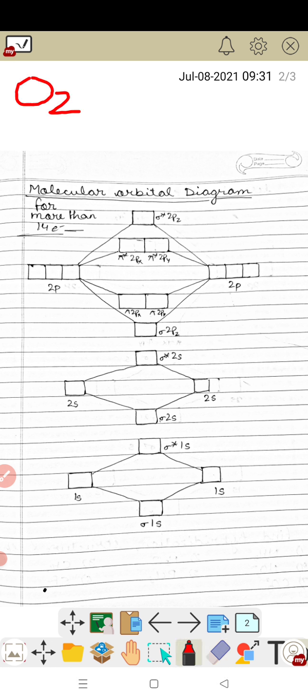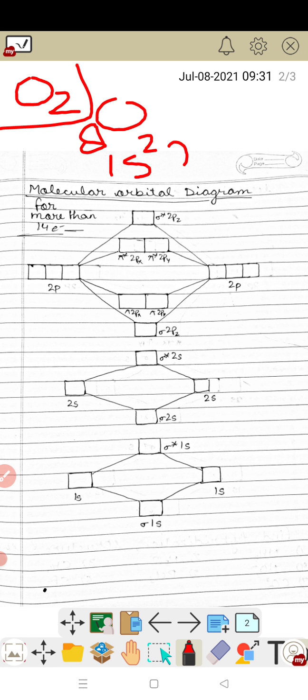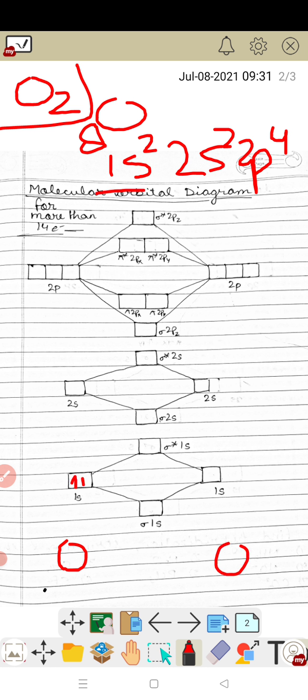O has atomic number 8, then 1s2, 2s2 and 2p4, राइट. तो इधर भी एक ऑक्सीजन है, राइट साइड भी एक ऑक्सीजन. अब 1s में कितने इलेक्ट्रॉन्स है फिल कर देंगे 1, 2. 2s में 2 इलेक्ट्रॉन 1 and 2. 2p में 4, 1, 2, 3, then pairing. How? 1, 2, 3 and pairing 4.